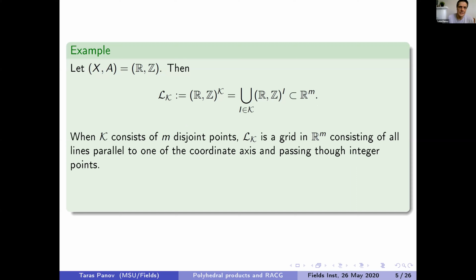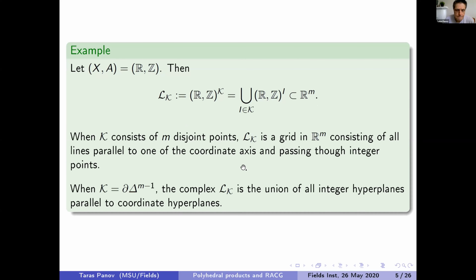For instance, if K is M disjoint points, then you get a grid consisting of all lines parallel to one of the coordinate axes. And when you have the boundary of the simplex, you have this infinite cubulation, a union of all integer hyperplanes parallel to coordinate hyperplanes. It's like an infinite cubical complex. We denote it LK.